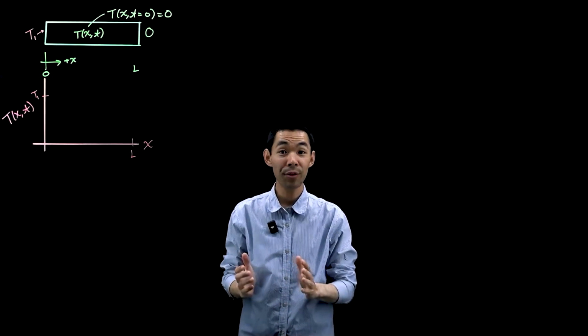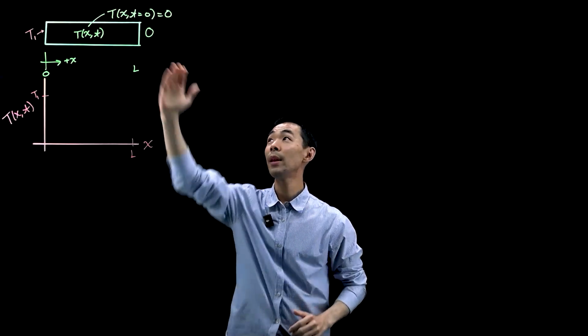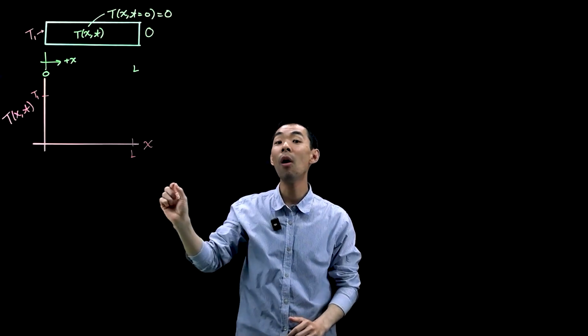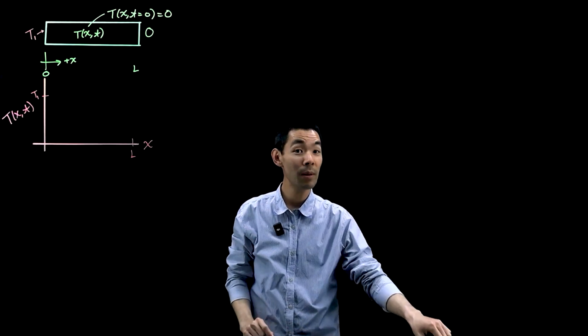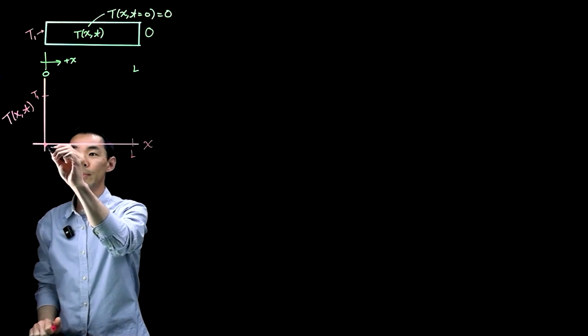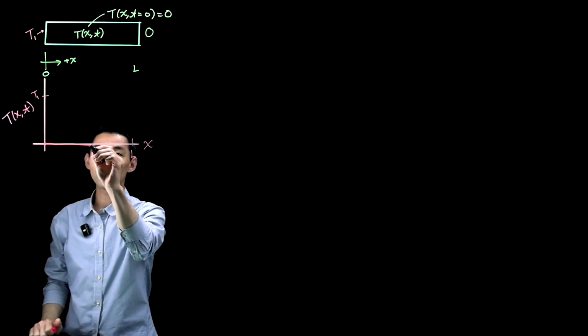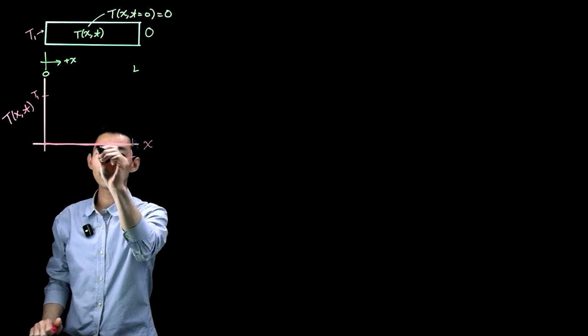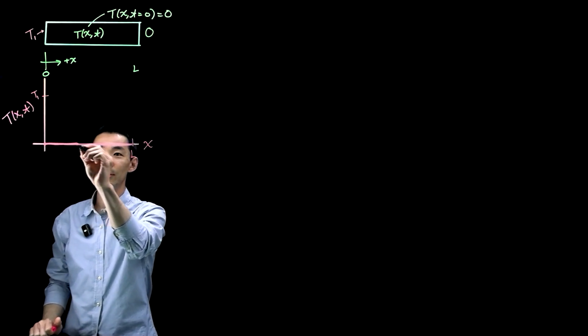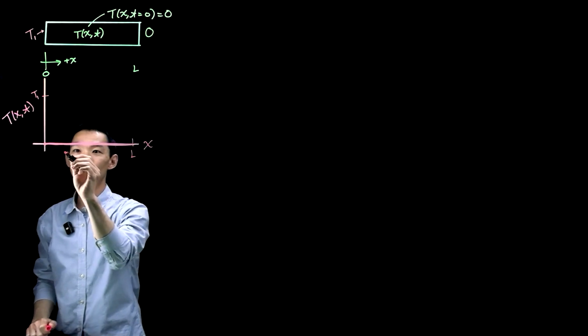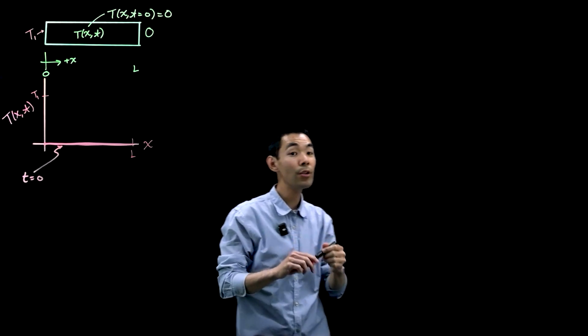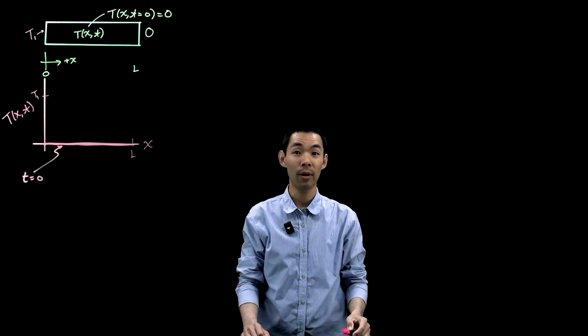So initially, I just gave you that the temperature is 0 all the way across. We can plot that in there. So initially, temperature is all the way 0. So it's just this horizontal line that runs all the way across.